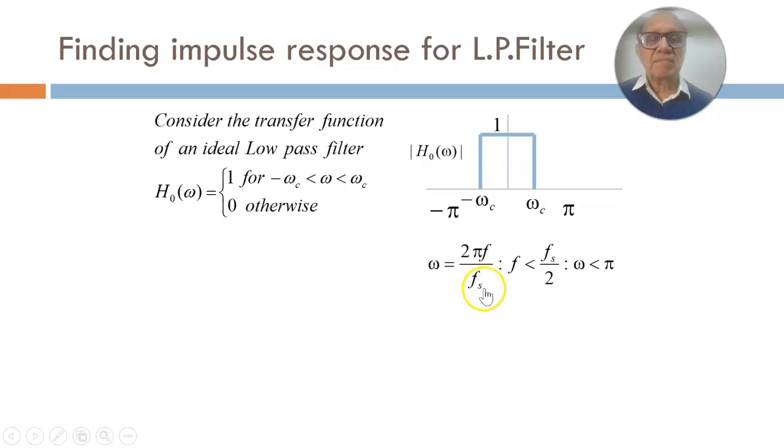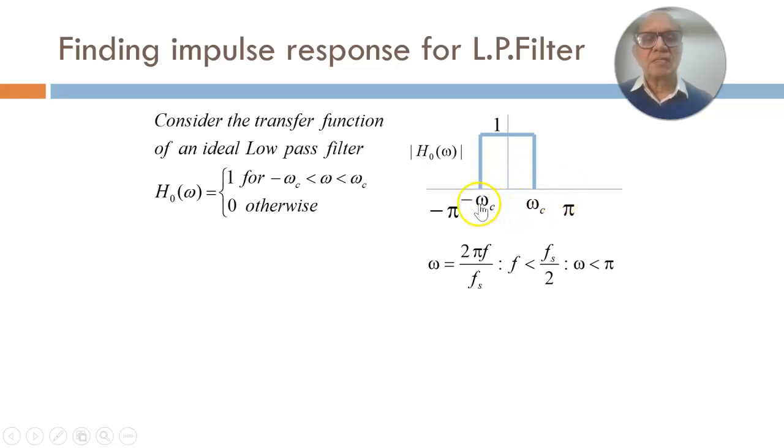Now for any signal, the sampling frequency must be greater than 2 times f. That means f must be less than fs by 2. So if f is less than fs by 2, the fs will cancel, the 2 will cancel, and it will tell you that omega is less than pi. So as far as we are concerned, the important range for the frequencies is from 0 to pi.